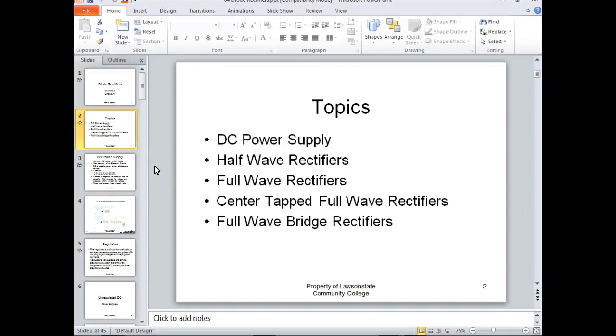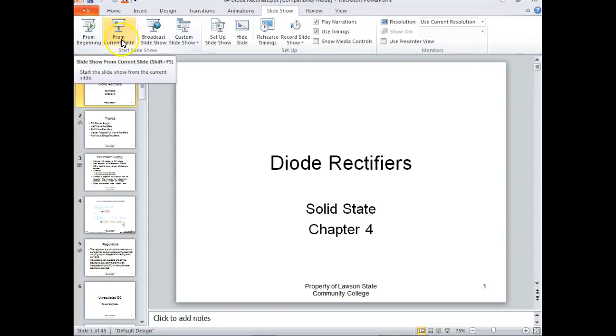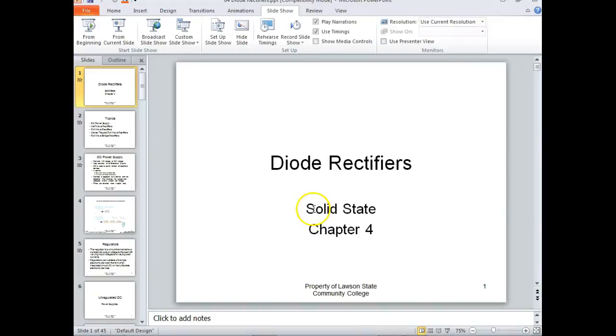First of all, we're going to talk about what we call unregulated, unfiltered supplies. In the textbook, this is chapter 6. Chapter 6 says DC power supplies, operation and troubleshooting, right?